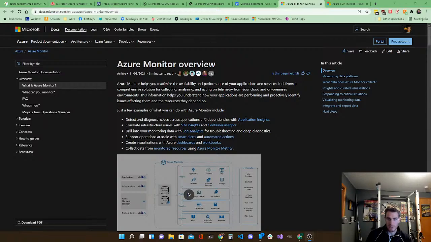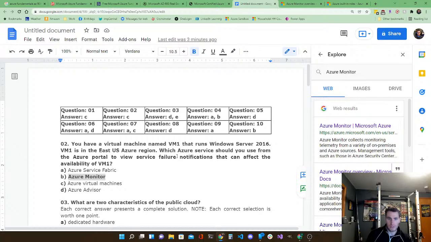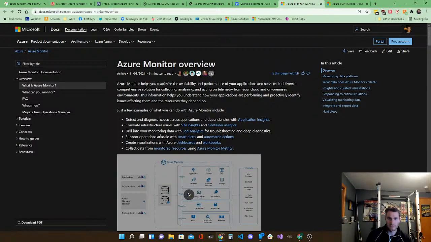Detect and diagnose with Application Insights. Correlate issues with VM insights and container insights. Drill into monitoring with Log Analytics for troubleshooting and diagnostics. Yeah, what were we talking about? We were talking about service failure notifications.